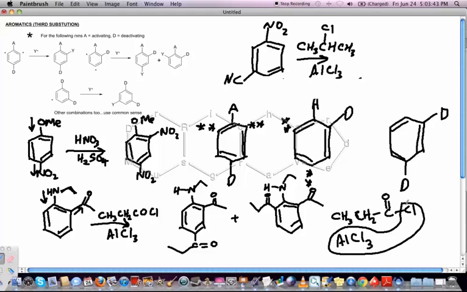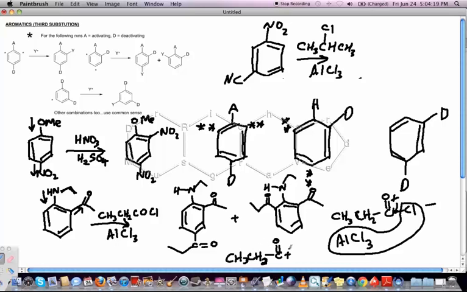So I put the Cl on the AlCl3, and this is what I've got left over, and the electrophile will be this, where the positive charge ends up on the C that had the Cl connected to it, as we would have predicted. That becomes negative, all of this becomes positive, where the positive charge ends up on that C. And of course the C positive is what joins onto the ring.